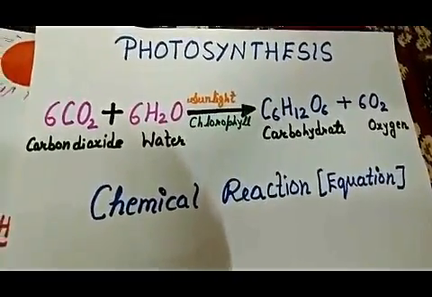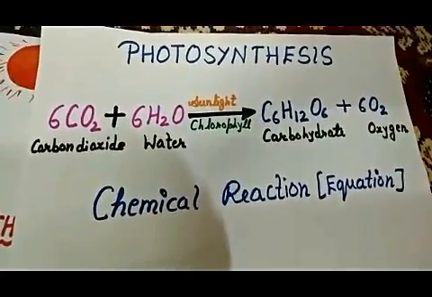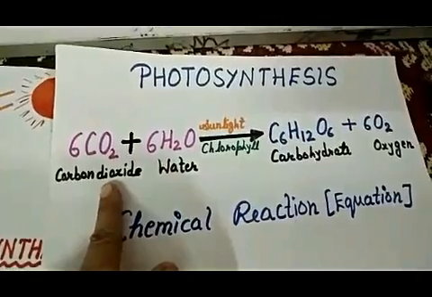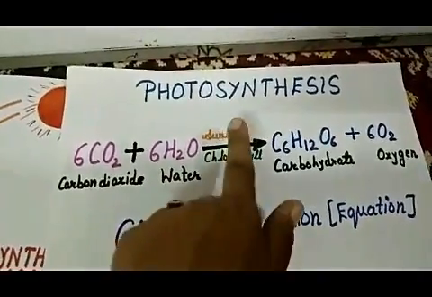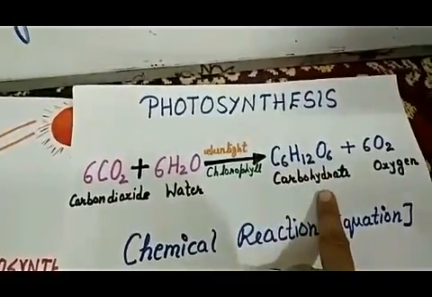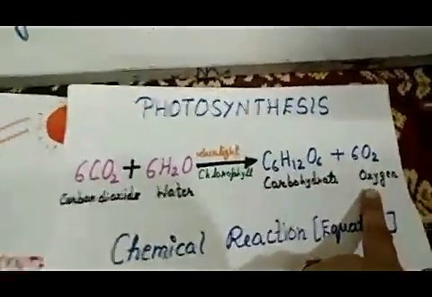This is the chemical equation of photosynthesis. Here, carbon dioxide and water in the presence of sunlight and chlorophyll produce carbohydrates and oxygen.